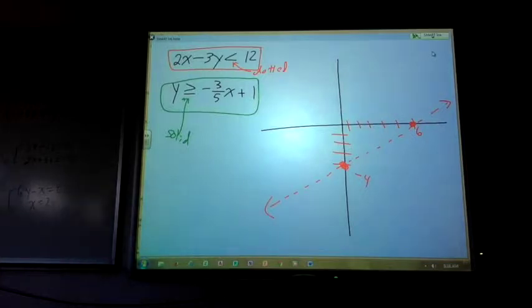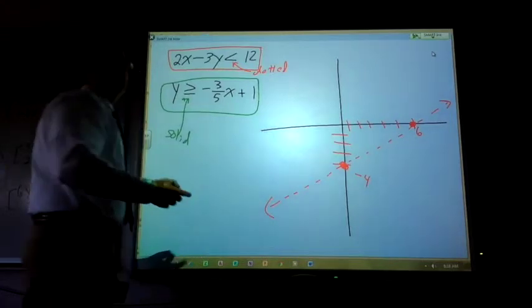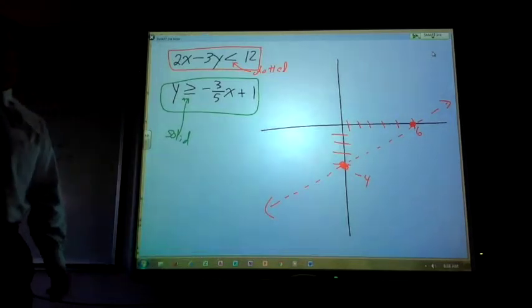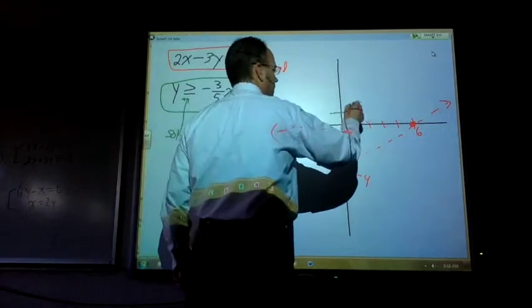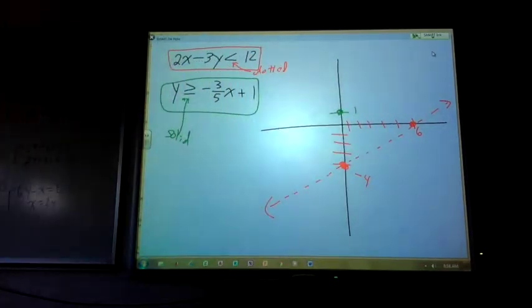Very good. This particular equation can be graphed where we have the y-intercept, and then we use the slope to find the second point. So Preston, what's my y-intercept up here? 1. There you go. And then Bo, what's my slope?